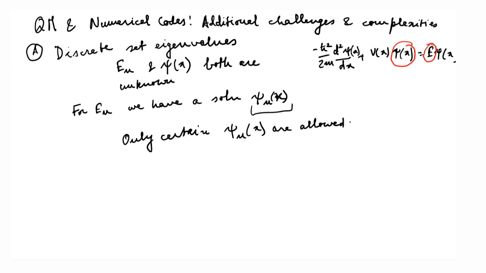However, if you solve this numerically, any psi n may be a solution to my problem. Numerically any psi n can be a solution, but that solution may not be physically correct. We should remember that psi, the wave function of a particle, has the physical interpretation that it gives the probability of finding a particle at a given position x.